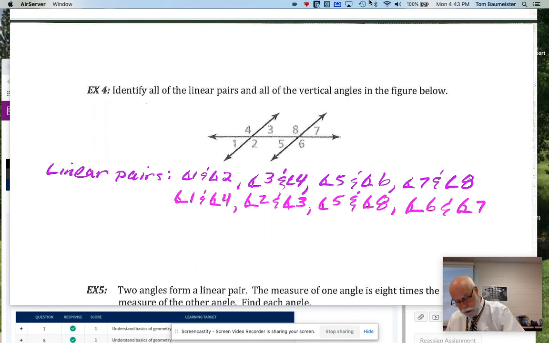All right, now let's look at the vertical angles. And again, they're going to be ones that are opposite each other. All right, so if we look at it, we have angle 1 there. What's the one opposite? It's angle 3.